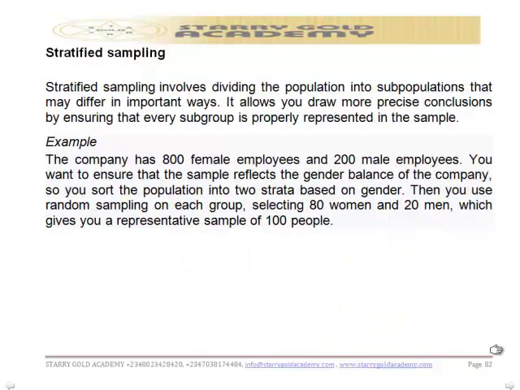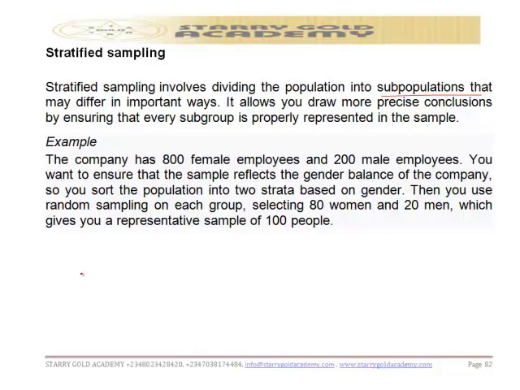The next one is stratified sampling. It's also part of probability sampling. Stratified sampling involves dividing the population into subpopulations that may differ in important ways. It allows you to draw more precise conclusions by ensuring that every group is properly represented.